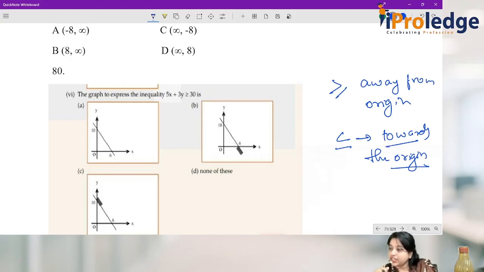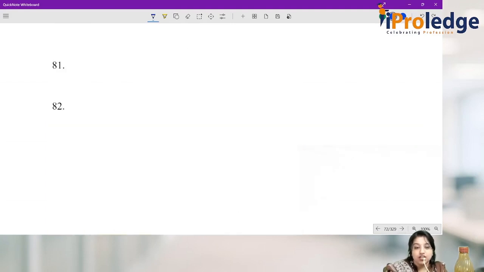Greater than or equal to means away from the origin. Lesser than or equal to means towards the origin. So here, what is the symbol? Greater than or equal to. Then it is away from the origin. Okay?